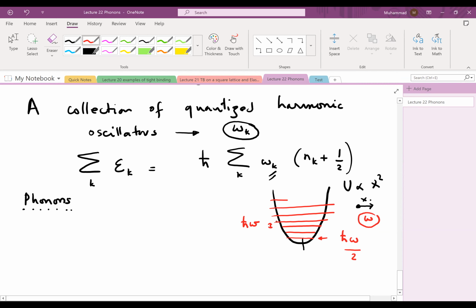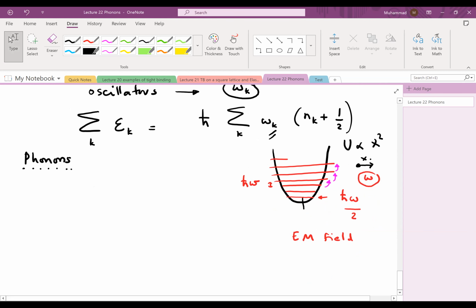And if this harmonic oscillator represents, say, an electromagnetic field, then what you could do is go up this ladder by creating quantized units of energy, quantized units of the electromagnetic field, and you give those quantized units a certain name, and that is a photon.